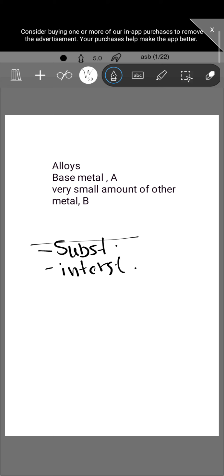However, when we say alloy, we mean the substitution alloy, unless it has been particularly told that we are dealing with the interstitial alloy. Now, a very good example of an alloy is your stainless steel.